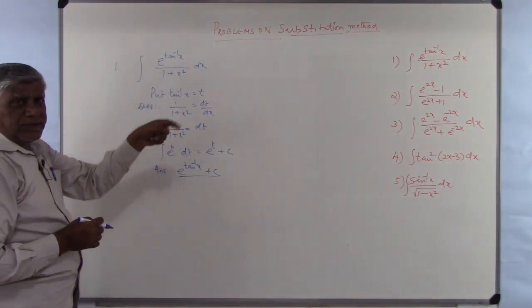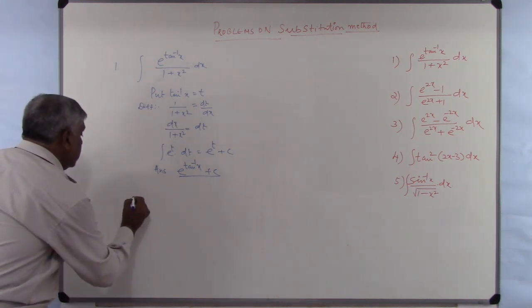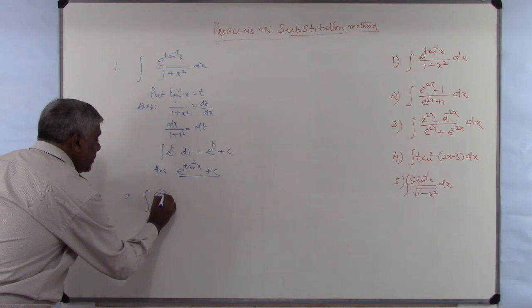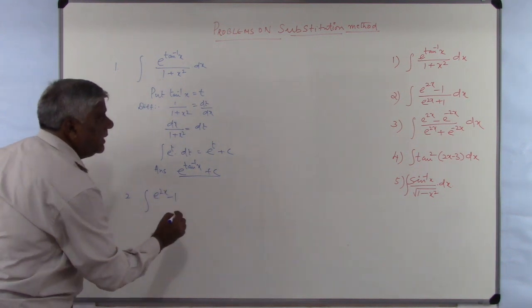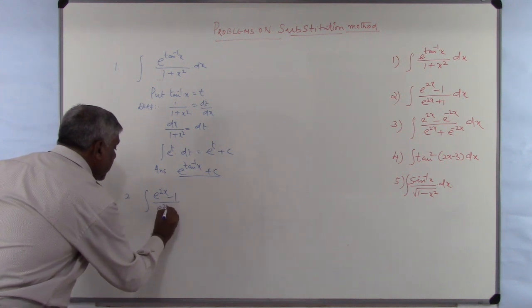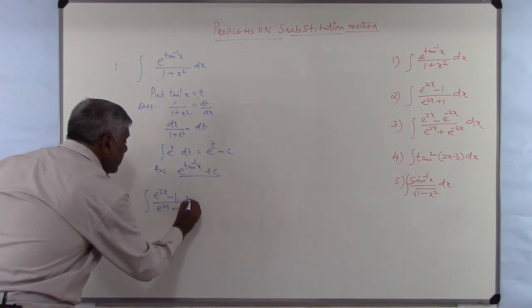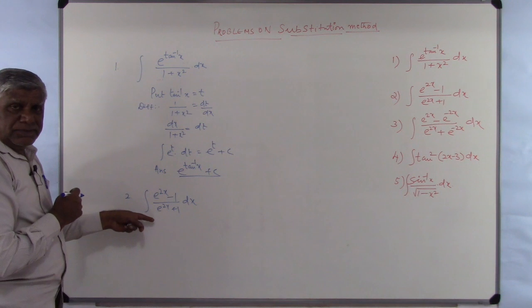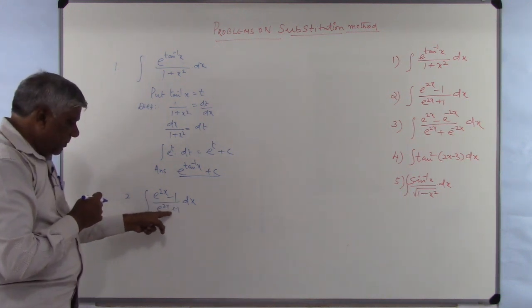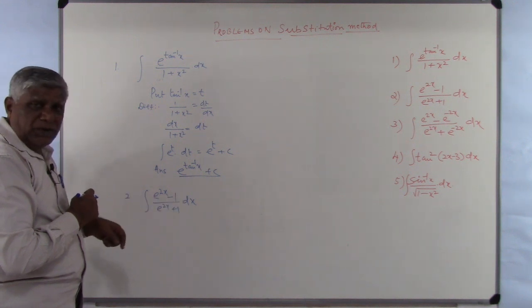Now we shall see the second problem. Integral of e to the power of 2x minus 1 divided by e to the power of 2x plus 1 into dx.